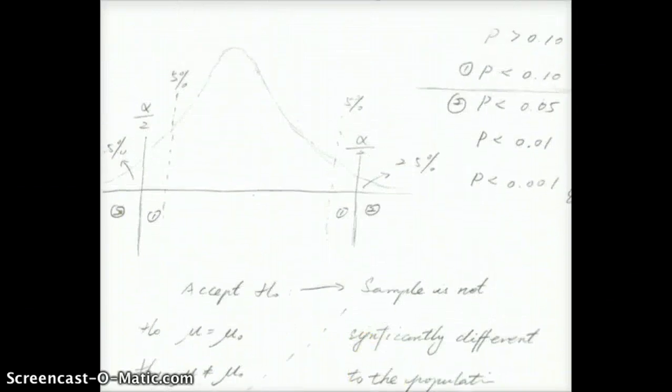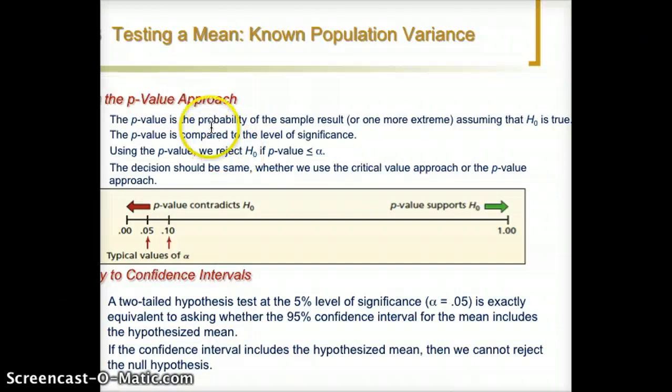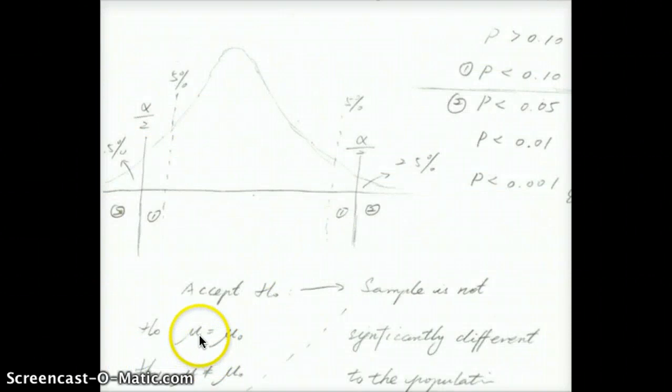And the p-value is the probability of the sample results, assuming that the null hypothesis is true. In this case, the null hypothesis is mu equal to mu 0. So when the p-value is smaller than 0.1, the probability should be in this area.